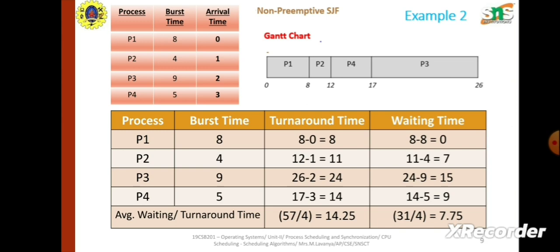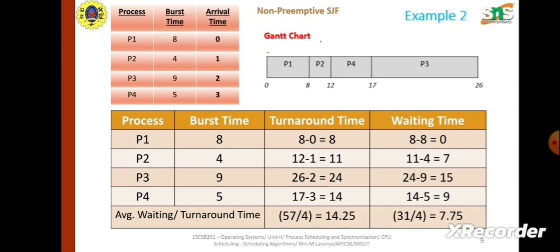For process P3, completion time is 26 minus its arrival time 2 equals 24 milliseconds. Then for process P4, its completion time is 17 milliseconds minus its arrival time 3 milliseconds equals 14, the turnaround time of process P4.